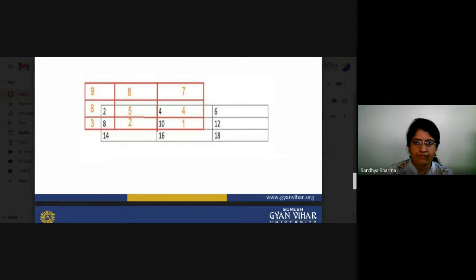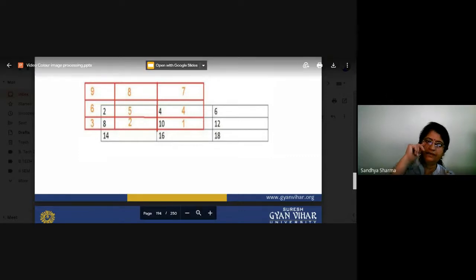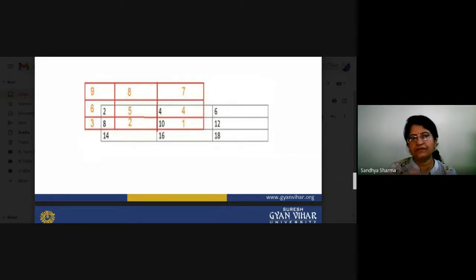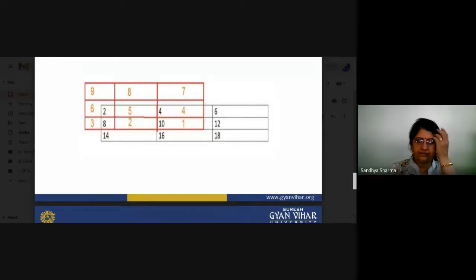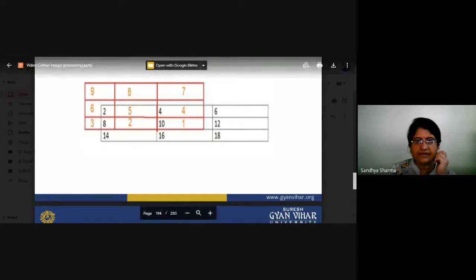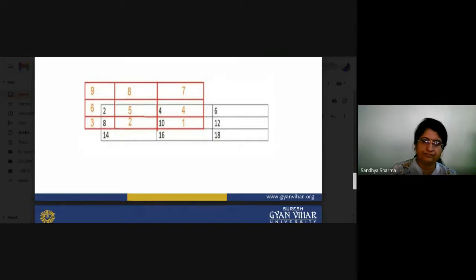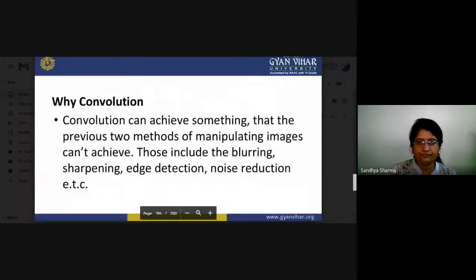You can shift this mask vertically or horizontally, there are different methods. I'm just showing you slightly: multiply these values, and you can replace the first index with the value of 2.